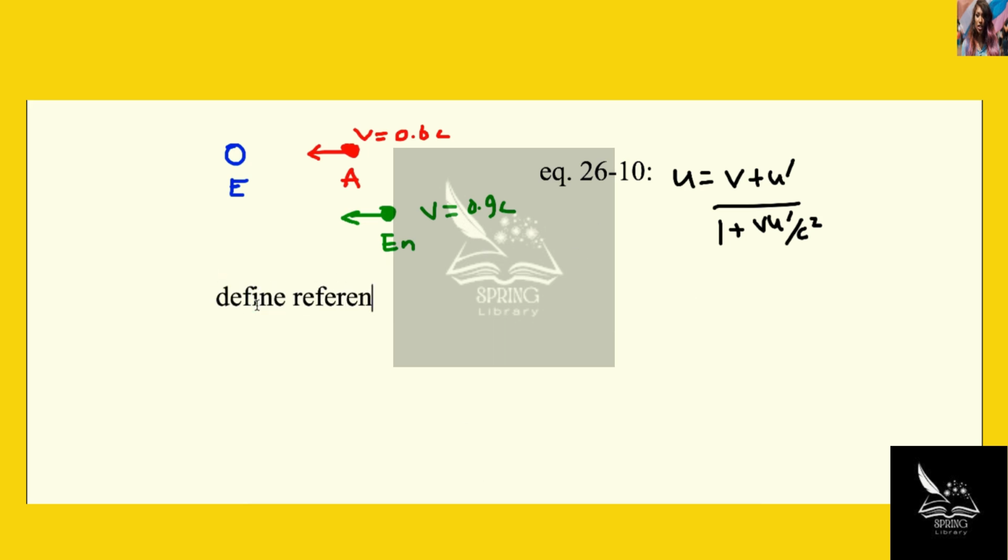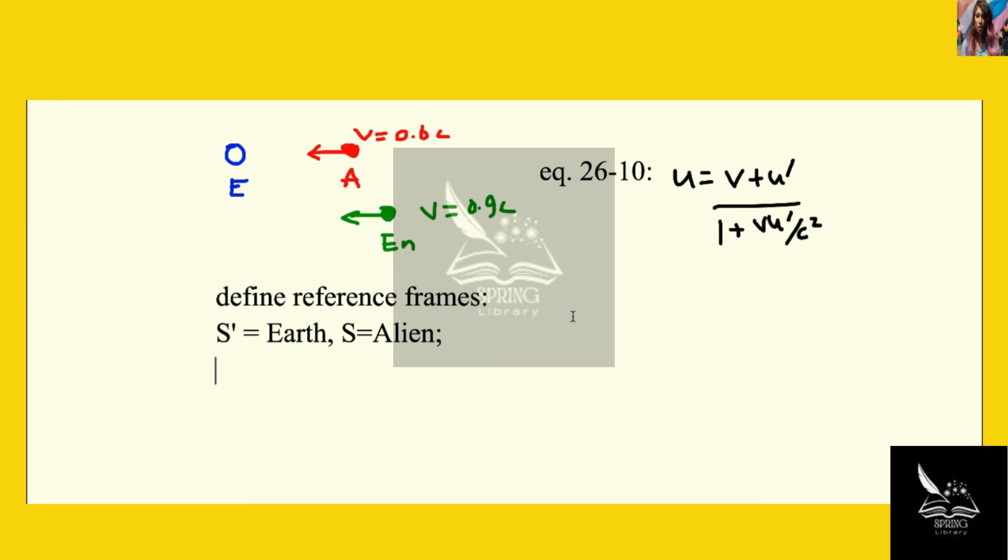reference frames, right? Special relativity has to do with reference frames, and here we define S prime as the Earth, which is a rest frame, and S as the alien spacecraft. Okay, so u will be the velocity of the alien spacecraft with respect to the Enterprise, right?